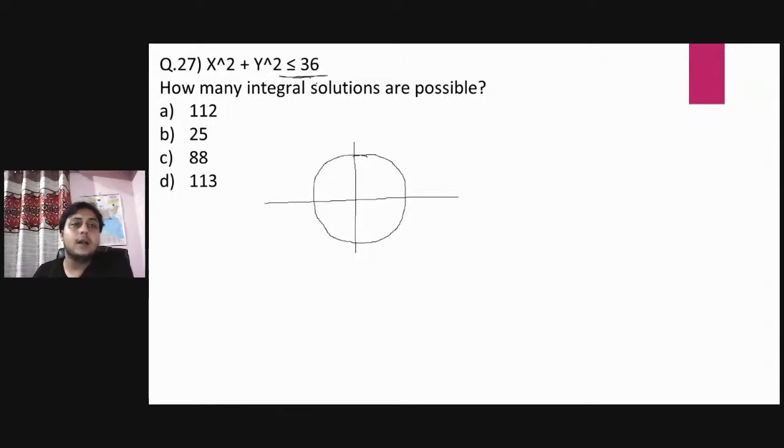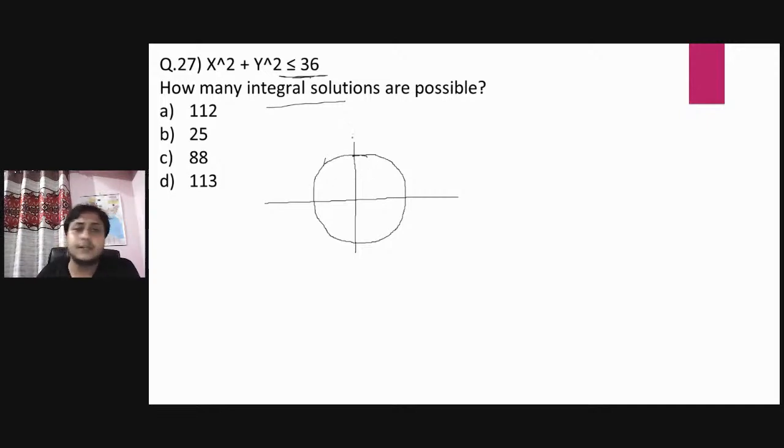You have to find the integral solutions. If it were only equal to 36, then (x, y) should lie on the boundary of the circle. Basically, the point should lie on the boundary of this circle. But here the equation is less than or equal to. So the solutions of this equation either lie on the boundary of the circle, or inside the boundary.